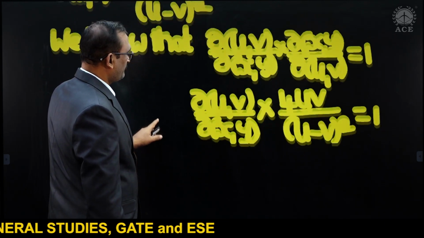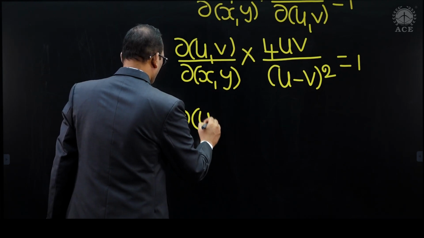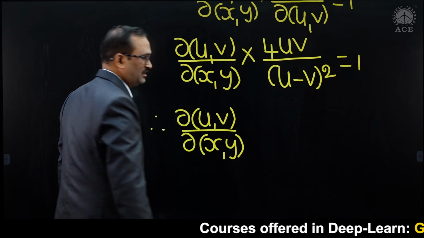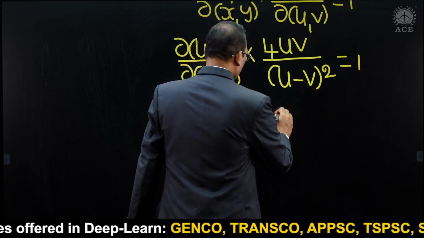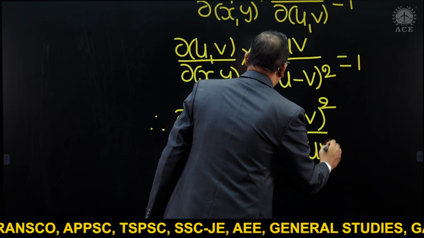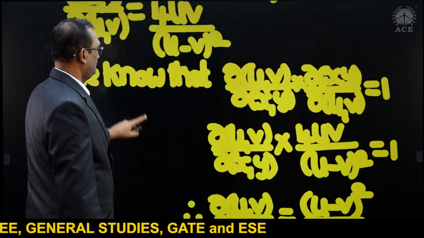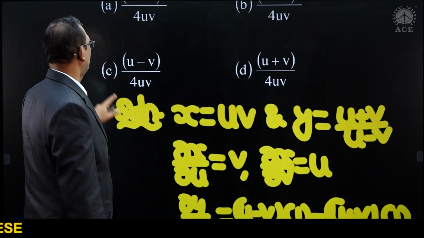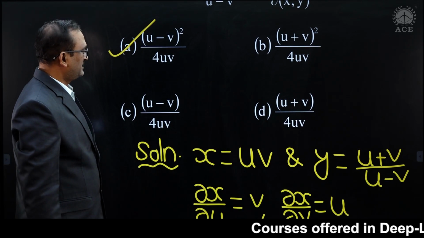Therefore ∂(u,v) by ∂(x,y) is equal to, by cross multiplication, (u−v) whole square divided by 4uv. (u−v) whole square by 4uv. That is the answer.